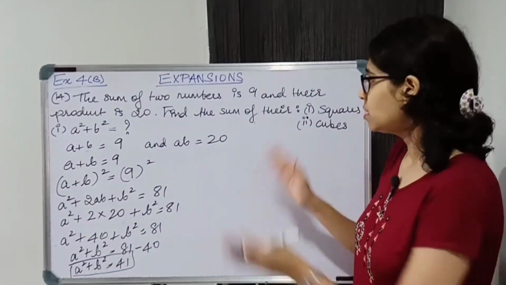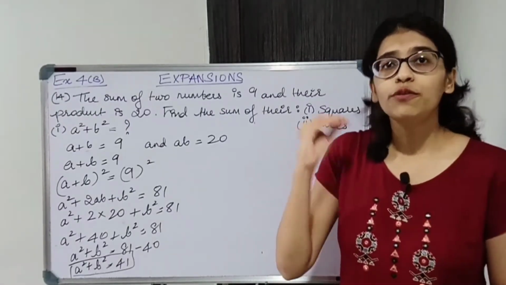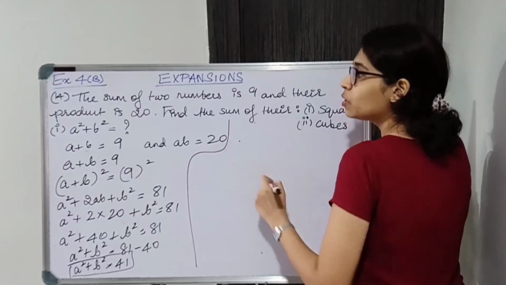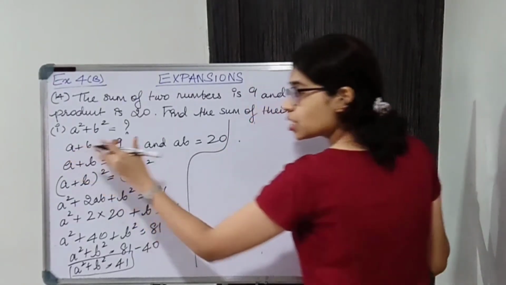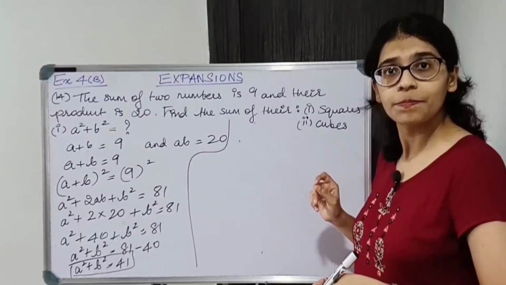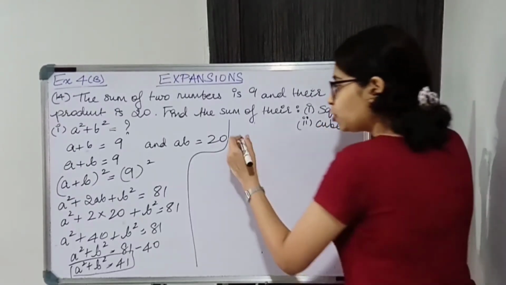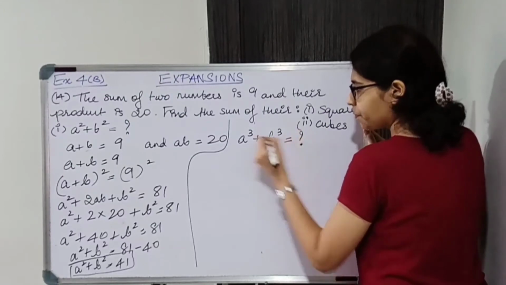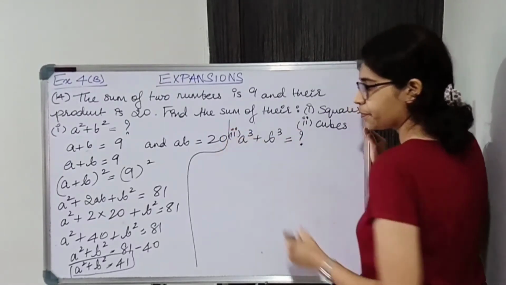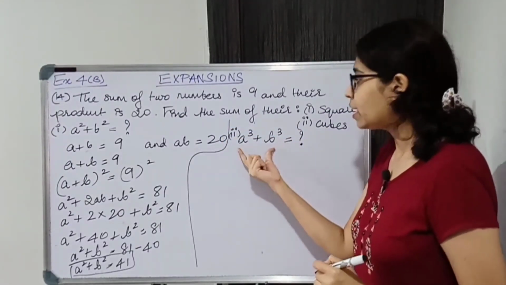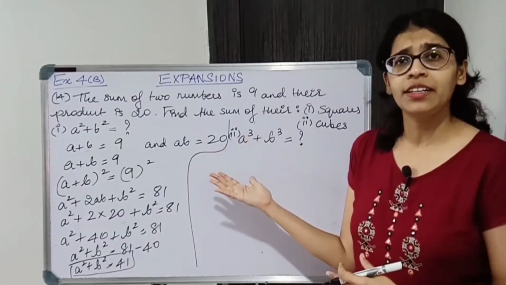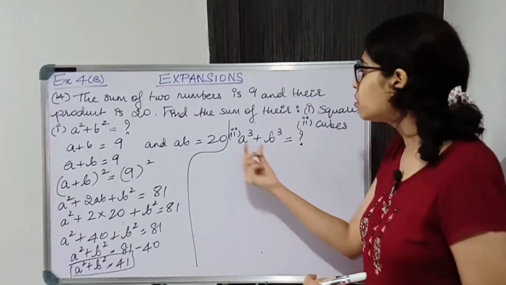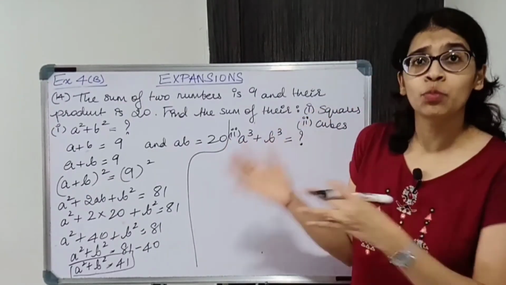Same thing in the second part. Sum of cubes we have to find. So now what will we do? Same thing, we will consider this and cube it on both the sides. I need to find a cube plus b cube in the second part. Do I have an identity for this? There are other identities, but I've told you there is no need to remember a separate identity for a cube plus b cube.